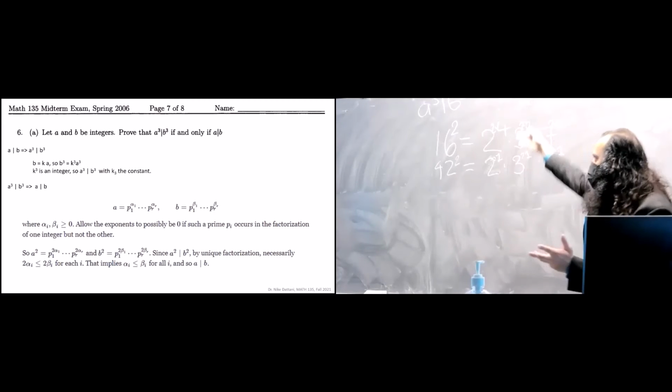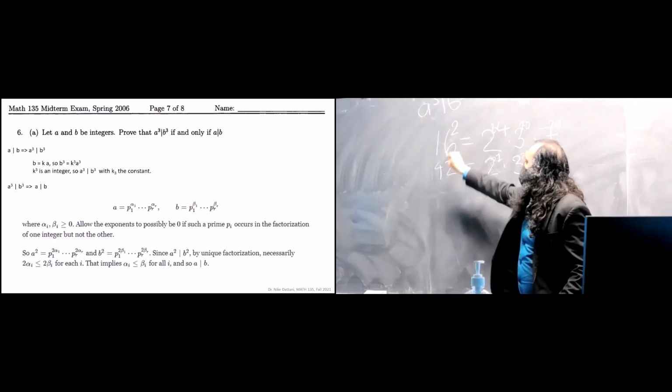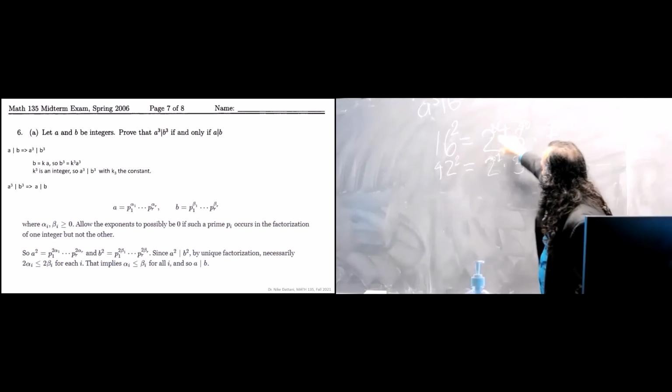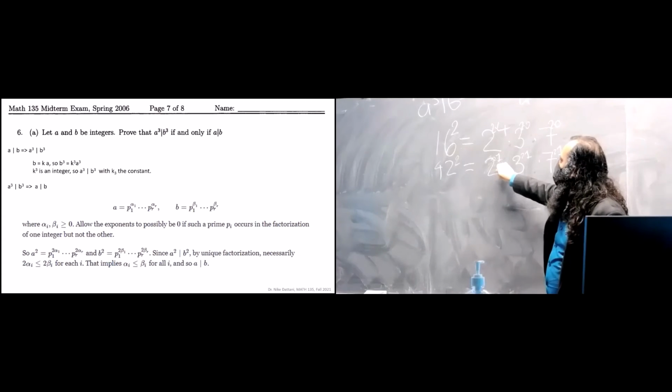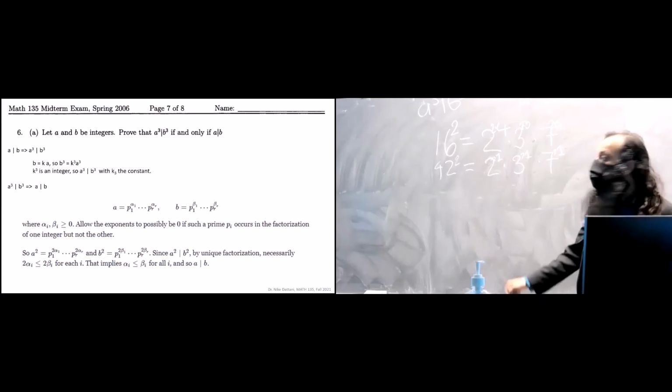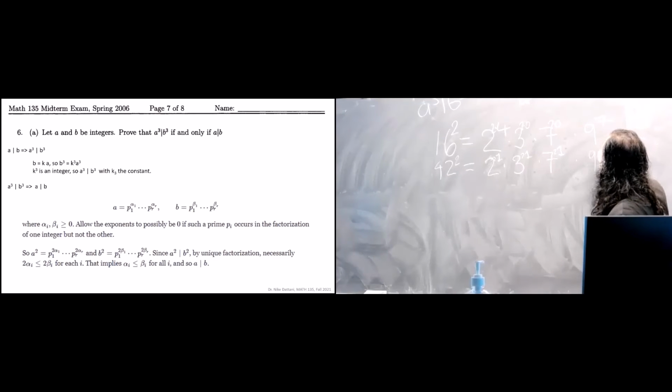You can do the same proof with cubes instead of squares, but let's just do squares for now. Now if this divides that, then this has to divide that, and this has to divide that, right? So the powers here have to be at least as big as the powers there, because what happens if I have 9 to the 7 here, and there I only have 9 to the 6? How can that divide this?